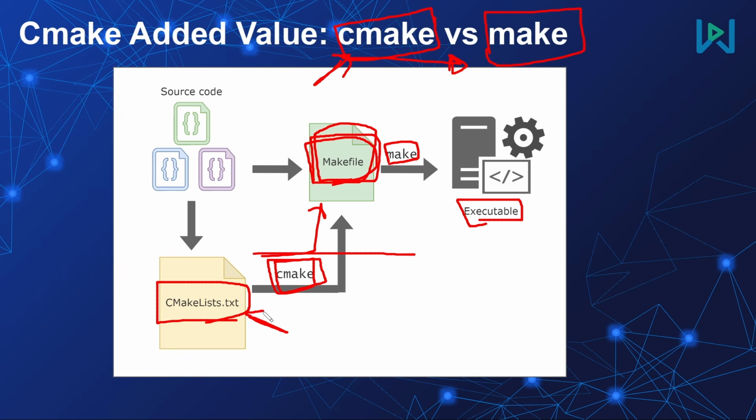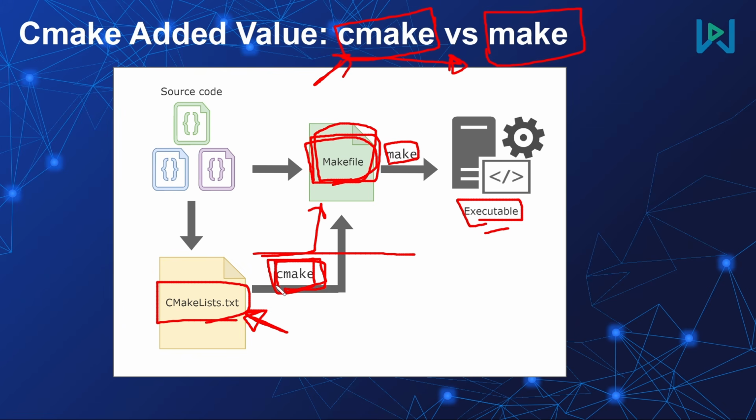So we program the high-level rules and dependencies to CMake, and we provide our inputs on what will be the different sources to be used, as well as the expected output, and then we trigger the execution of our CMake.